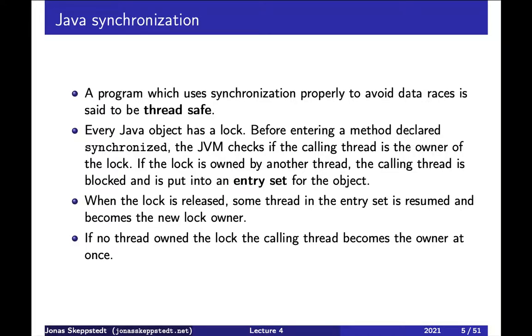That's just a wait set for the lock. And then when the lock is released, due to the owning thread having left all the synchronized methods for this object, then some thread in this entry set is selected and is resumed and becomes the new lock owner. And of course, if no thread owned it, then this thread becomes the owner.